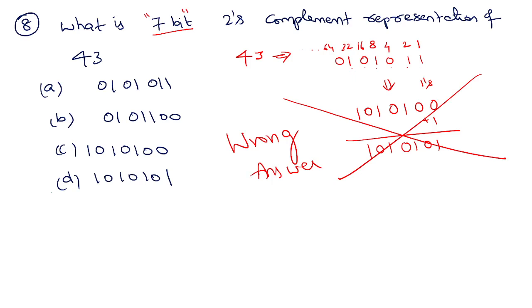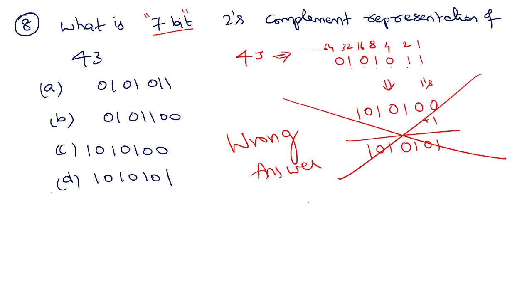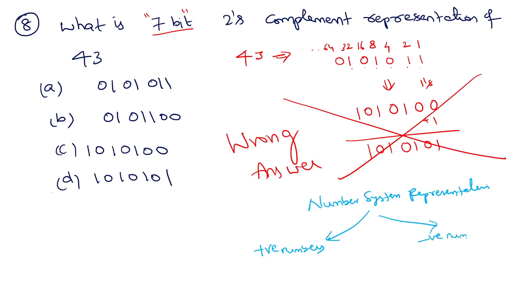So the basic is this. When you take number system representation, you have positive numbers and you have negative numbers.